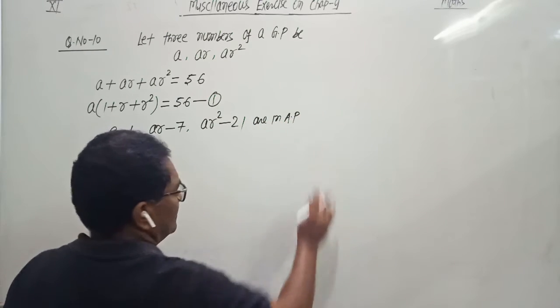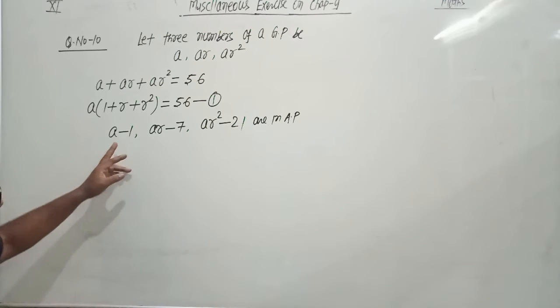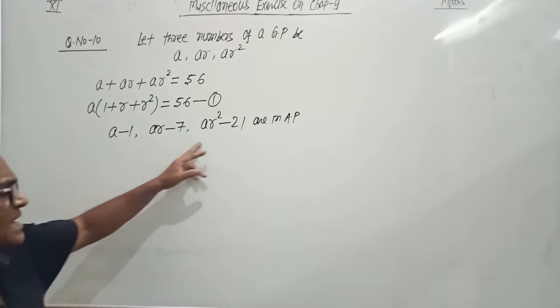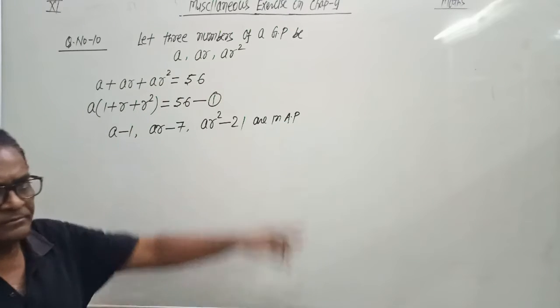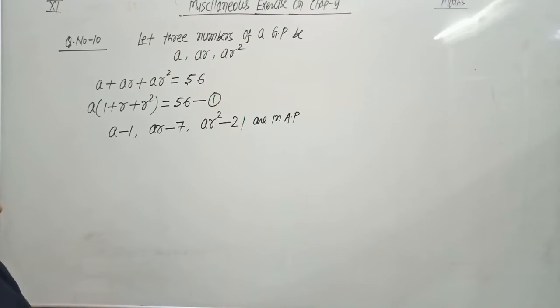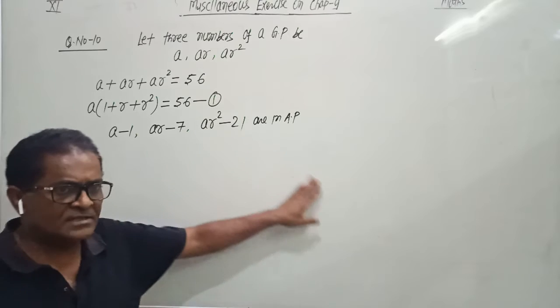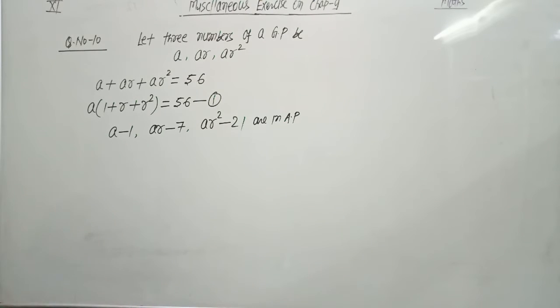It is given in our question that if we subtract 1, 7 and 21 in that order from the terms, then the sequence becomes an AP.